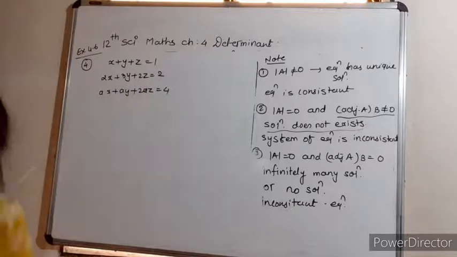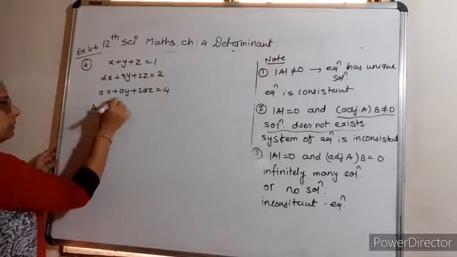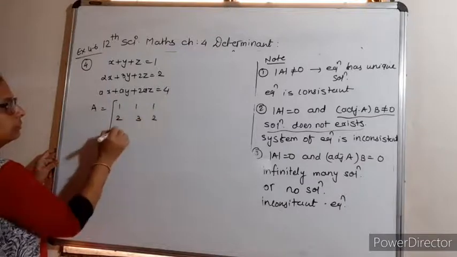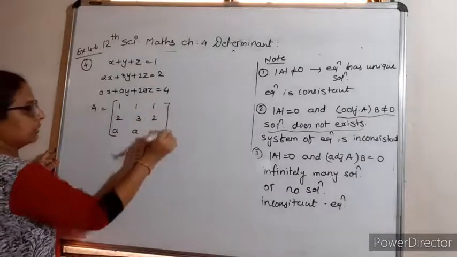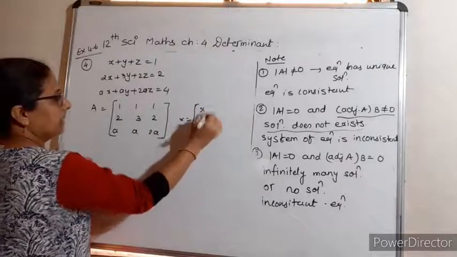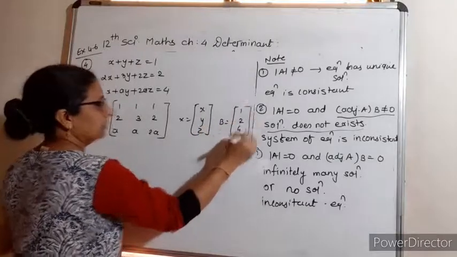Here also you have to check the consistency, right? Now A is 1 1 1, 2 3 2, a a 2a. Then X is x, y, z and B is 1, 2, 4.